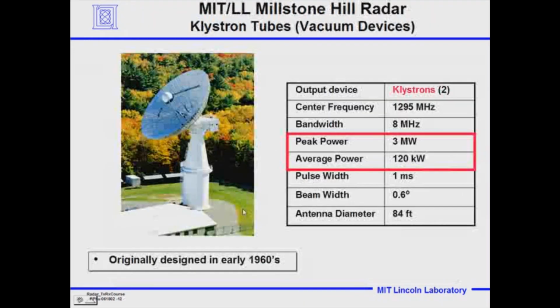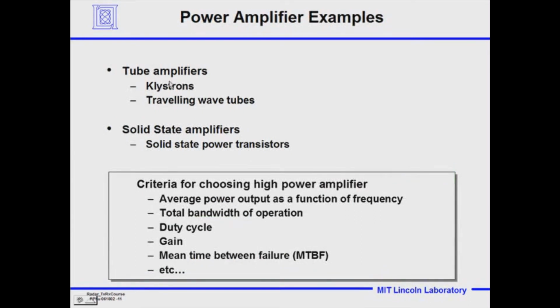Okay, now let's look at some examples. For tube amplifiers, Klystrons and traveling wave tubes are the two most common. And for solid-state amplifiers, they use solid-state power transistors. There are different criteria for choosing a high-power amplifier. Just what are the different ones? Average power output as a function of frequency, the bandwidth of operation, the duty cycle.